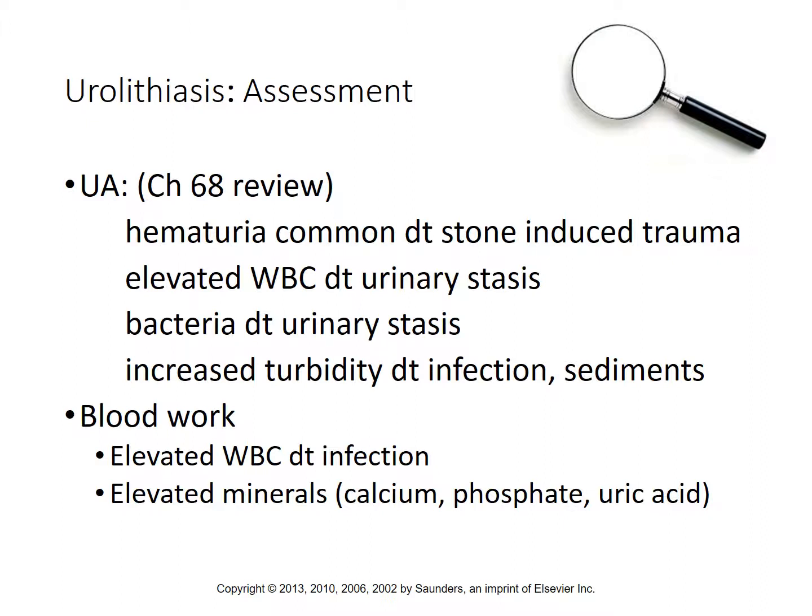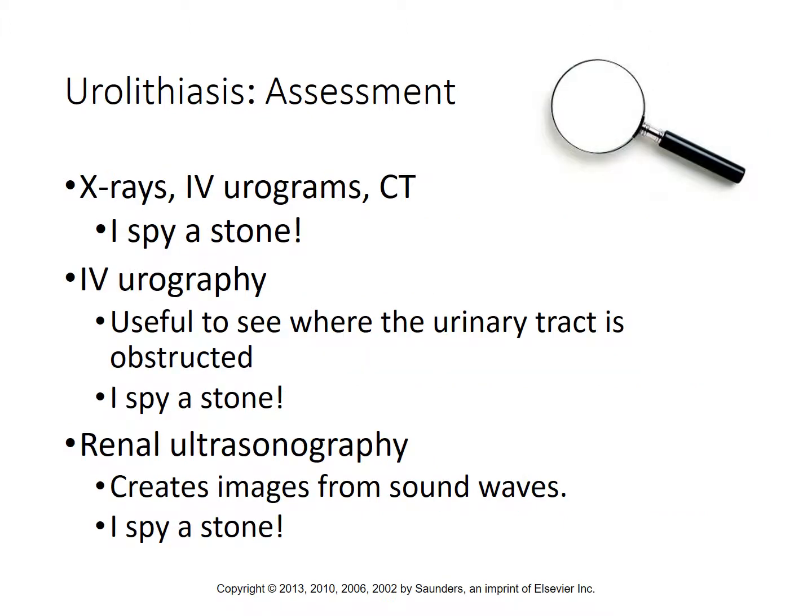And there may be increased turbidity due to infection and sediments. Blood work-wise, you may see an elevated WBC and elevated mineral counts. X-rays, IV urograms, CT, IV urography, and renal ultrasonography all can help identify stones.